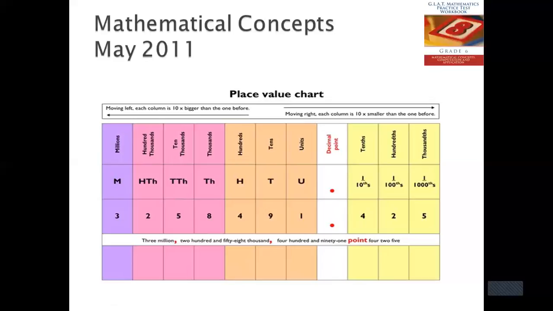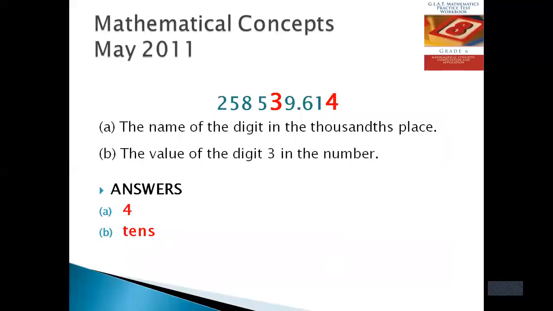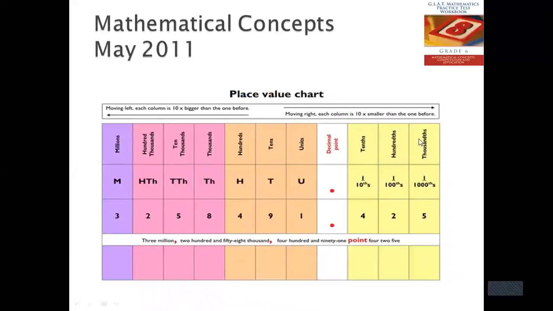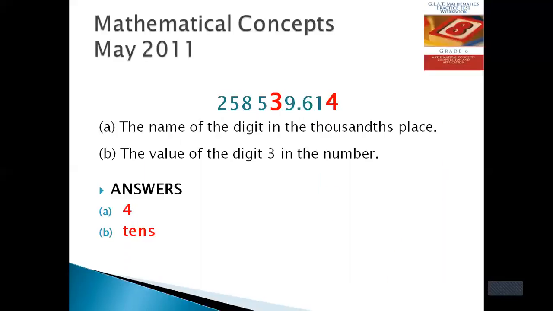If we go back to our original question, where it asks us the name of the digit in the thousandths place, remember the thousandths, with TH, is 3 places to the right of your decimal place. In our number, the digit 3 places to the right of the decimal is 4. So the 4 is in the thousandths place.